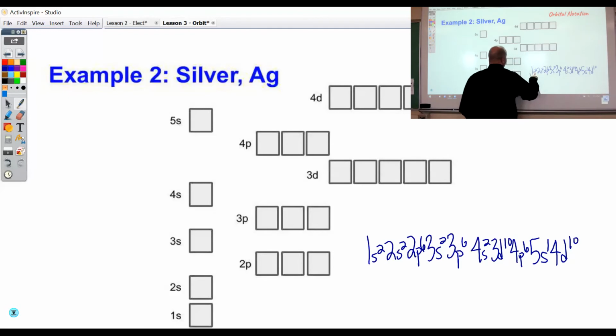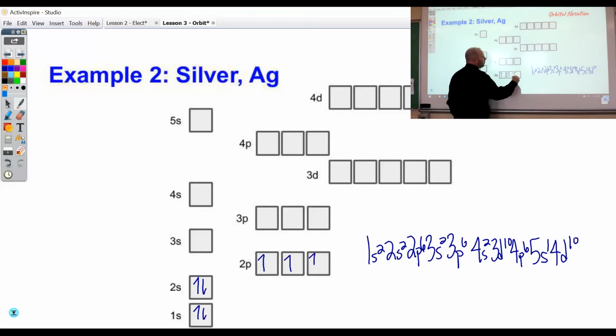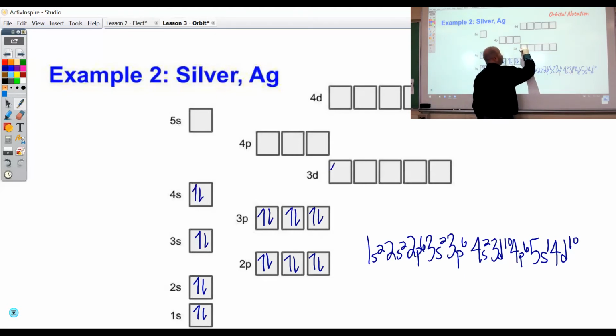So filling in our electrons, we have 2 in the 1s, 2 in the 2s, 6 in the 2p sublevel. So we're going to put 6 in here. 2 in the 3s, 6 in the 3p, 2 in the 4s, 10 in the 3d. 1, 2, 3, 4, 5, 6, 7, 8, 9, 10.